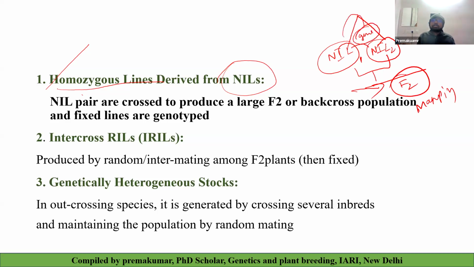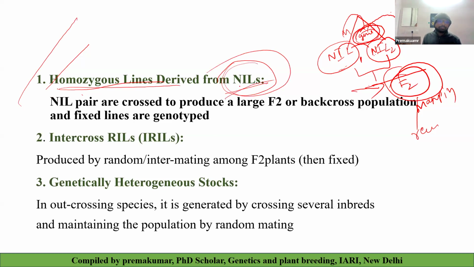Further, you are recombining. If you are crossing NILs, the chance of recombination within this gene is very high. If you do mapping in that recombinant population, the probability of identifying a marker within this gene is very high. That's why we are using homozygous lines derived from crossing two NILs.